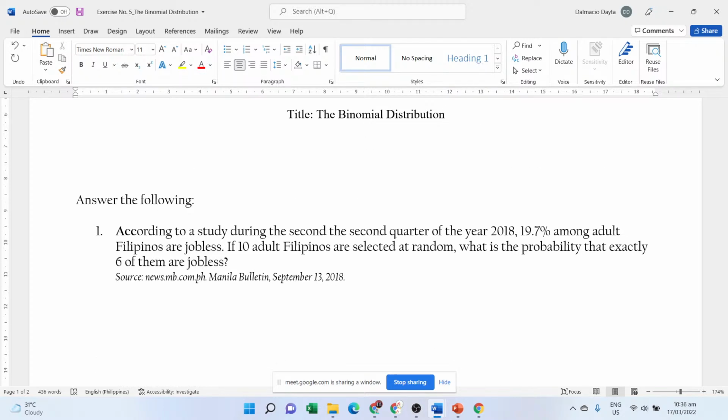For the binomial distribution, we have the formula: P of x is equal to n combination x times p raised to x times q raised to n minus x.